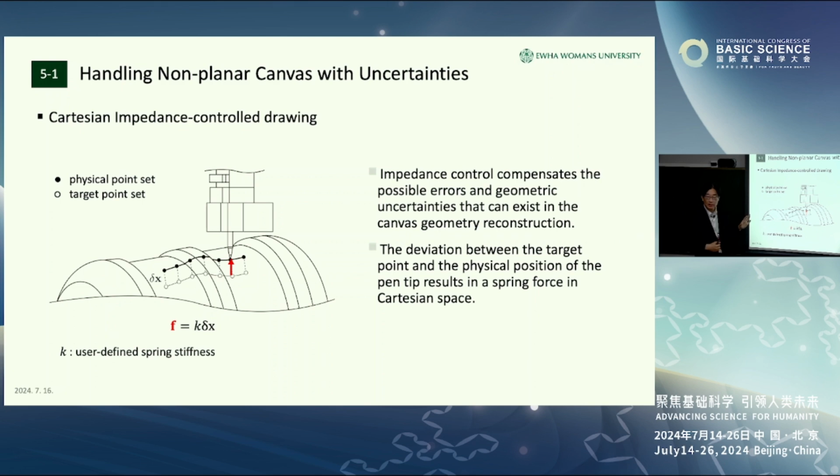So in our case, we allow high-compliance spring motion in the approaching direction, but we impose really high stiffness in the tangential direction, which means that the robot, in this case the pen tip, can move really freely along the perpendicular direction, but not the tangential directions.